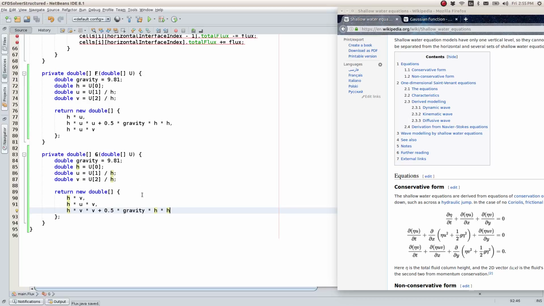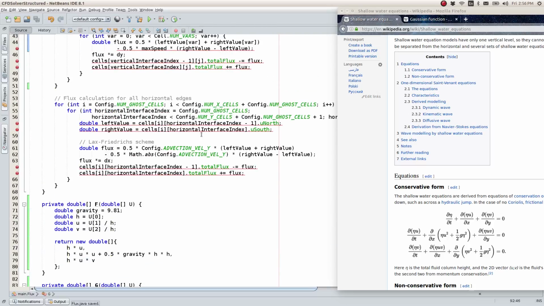Okay, so things look fine. So G is defined, F is defined.